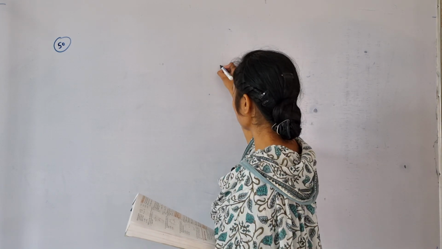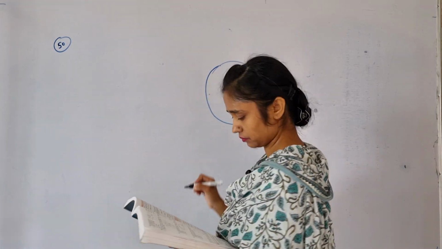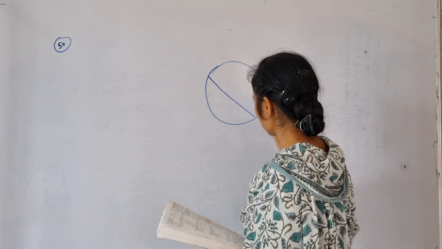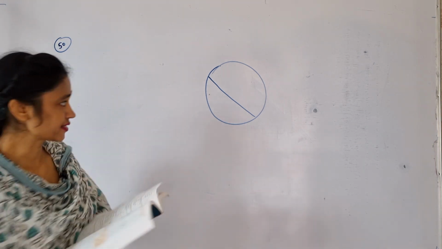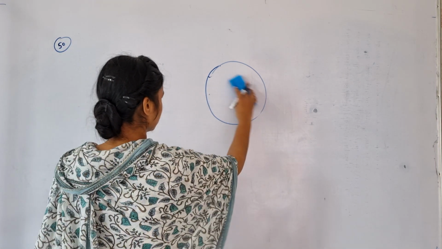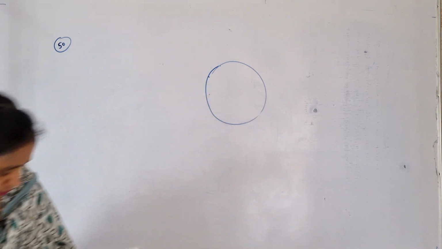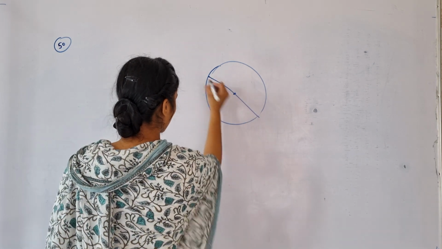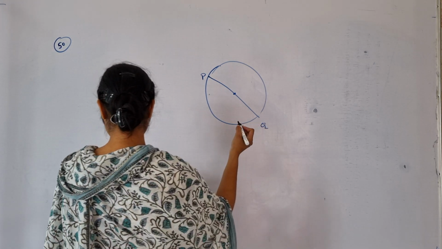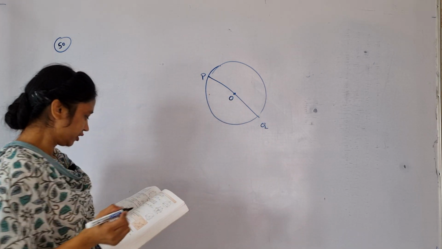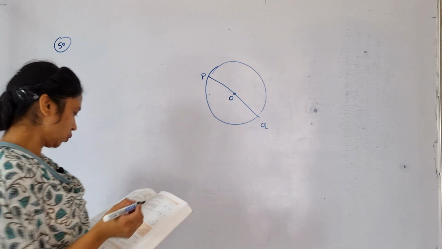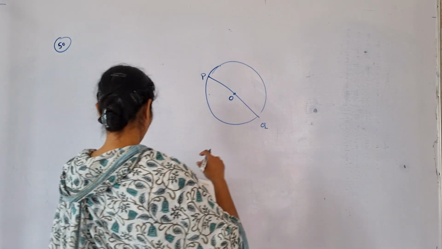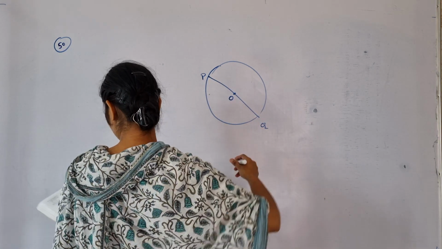Okay, this circle is given. PQ is the diameter, means PQ is passing through the center of the circle. Suppose here is the center of the circle. PQ is passing through the center of the circle. Center of the circle they have denoted by O, and ROS is given. Okay, the complete figure is like this one.